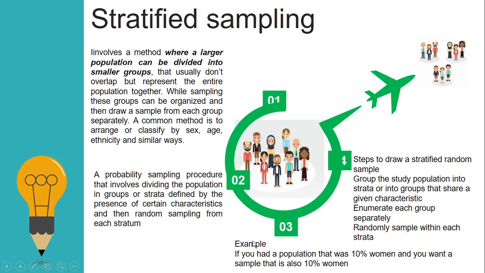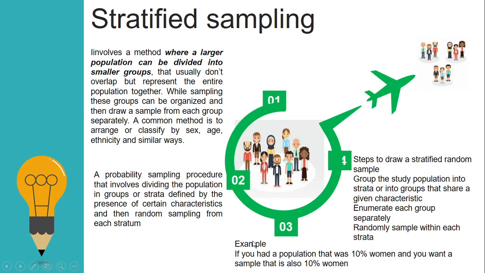Classify by sex, age, ethnicity, and similar ways. Secondly, it is a probability sampling procedure that involves dividing the population into groups or strata defined by the presence of a criterion characteristic, and then random sampling from each stratum, from each layer, from each group of people.